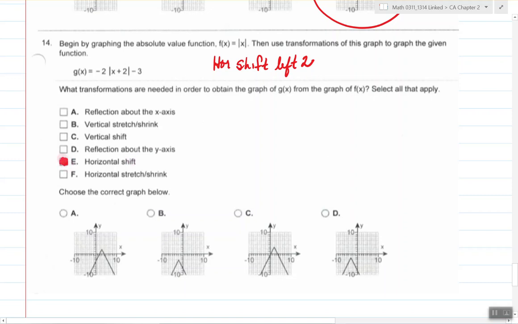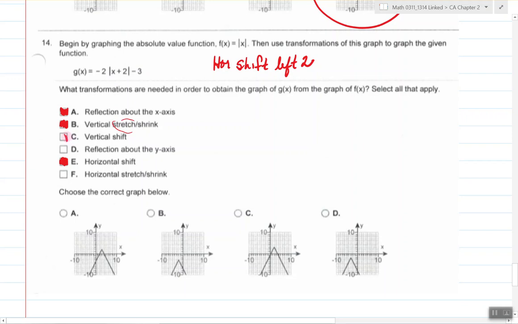We also have this. The 2 part of it means that it's going to be a vertical stretch or shrink. But the negative part means that it's going to be reflected about the x-axis. So just the negative sign says reflection, and it's outside the function, so it's about the x-axis. The 2 says it's going to be, in this case, a stretch, and then -3 is a vertical shift.